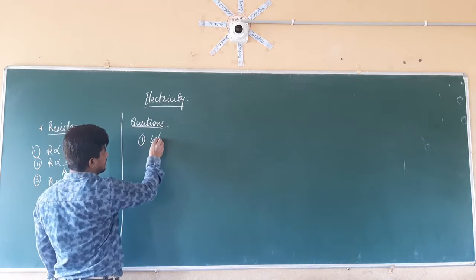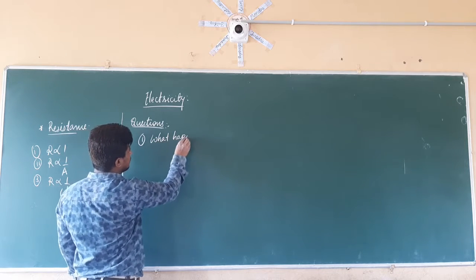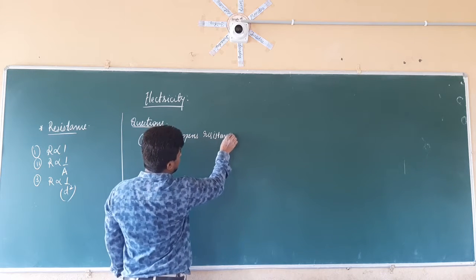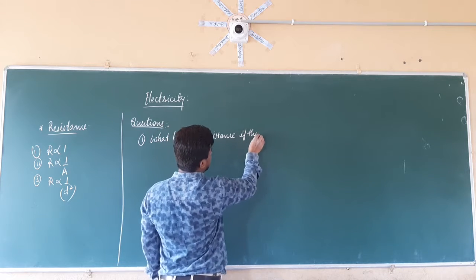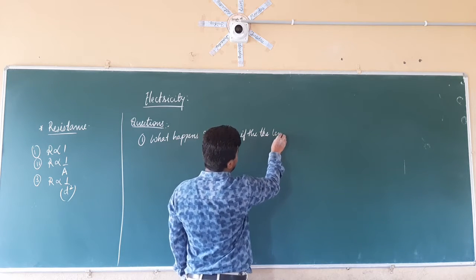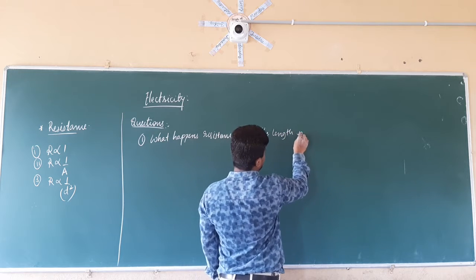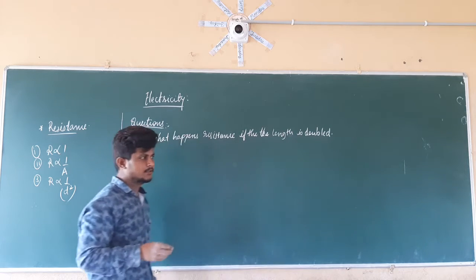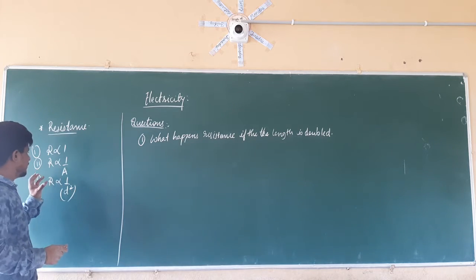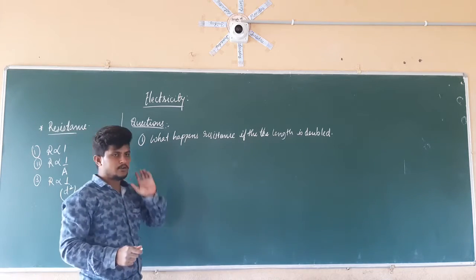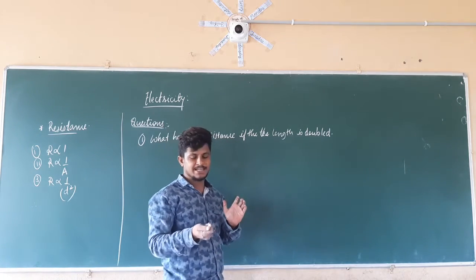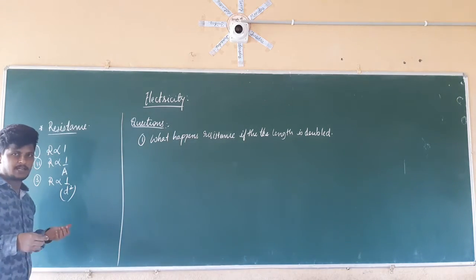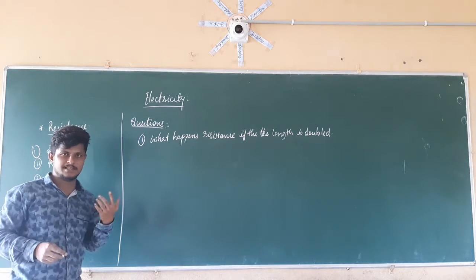What happens to the resistance if the length is doubled? So in this case, the question asked is, what happens to the resistance if the length is doubled? We already know that resistance depends on the length of the conductor and is directly proportional to the length of the conductor.